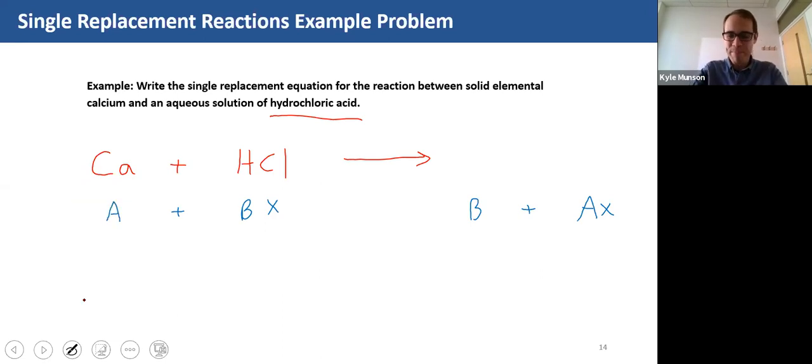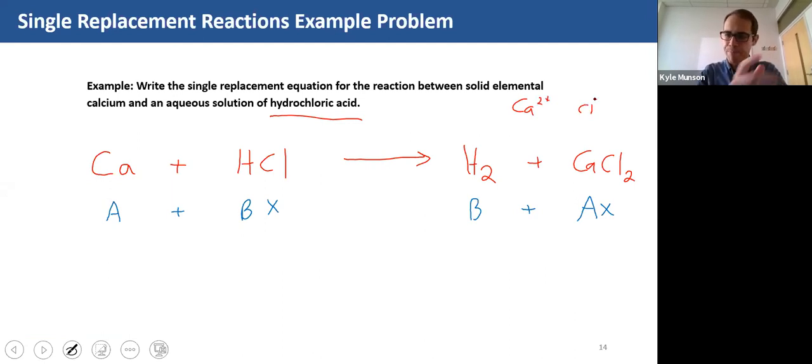This is going to be H2, because remember, hydrogen by itself is diatomic, so don't forget that. Plus calcium chloride is what this compound is going to be, and it's going to be CaCl2, because calcium has a 2+ charge and chloride has a 1- charge.